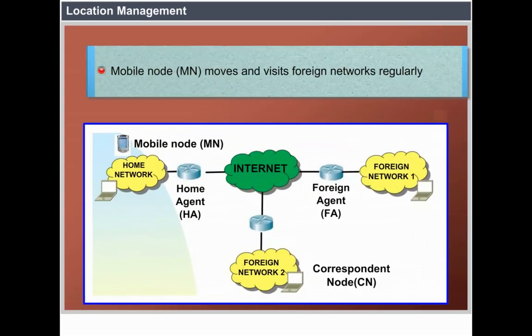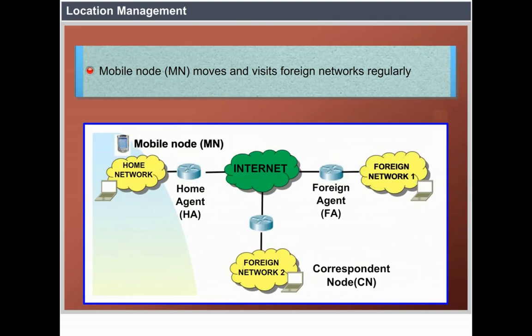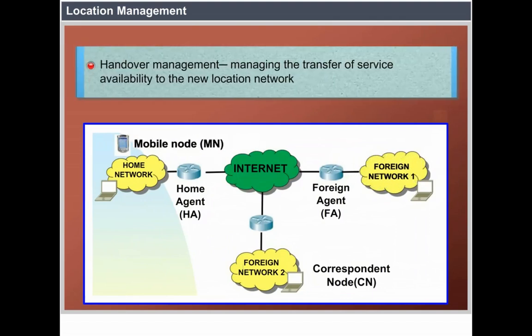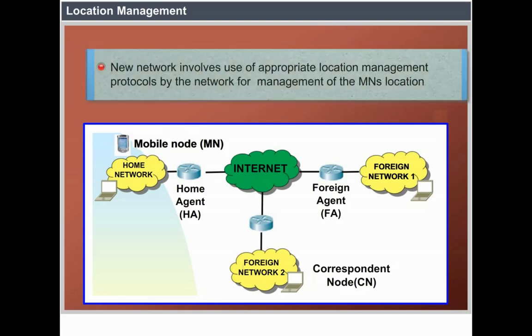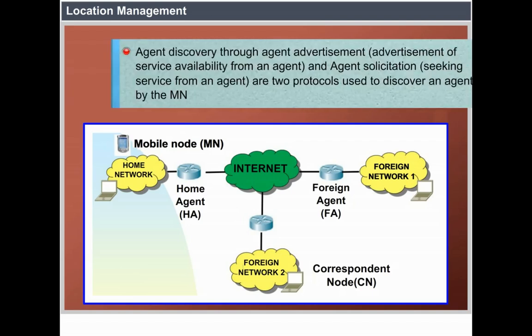Location management. Mobile node MN moves and thus visits foreign networks often. Handover management: managing the transfer of service availability to the new location network. Preparing for the services: packet receiving and packet transmitting at the new network entails use of appropriate location management protocols by the network for management of the MN's location.